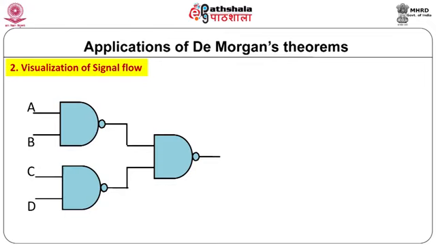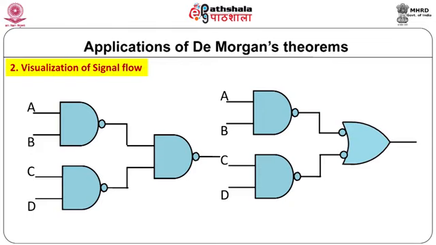But we cannot comment on the nature of output depending upon the inputs. But if we modify slightly the above diagram, the right hand side will definitely be helpful to visualize the signal flow. In place of using the third NAND gate, we are replacing it by its De Morgan's equivalent.